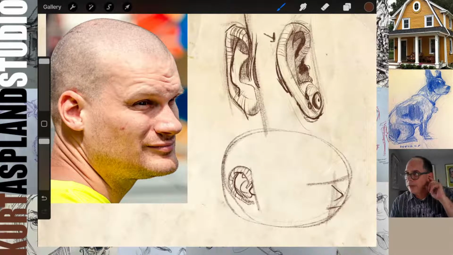Okay, and I just kind of added, I don't know what that little bump is in your ear called right there. Okay, let's add some tone here. Adding tone to an ear is always helpful to separate the pieces.